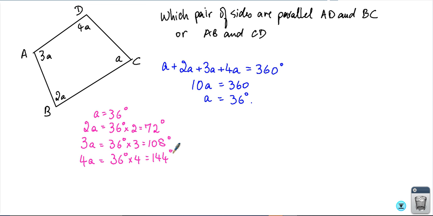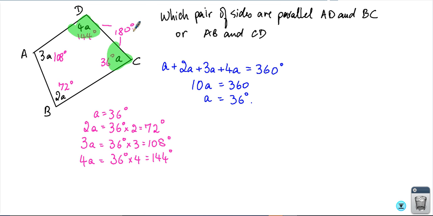So I have as follows. This is 36 degrees. This is 144 degrees. This is 72 degrees. And this is 108 degrees. Now, as we can see, if we add up this angle to this angle, adding those two angles up, they make 180 degrees.